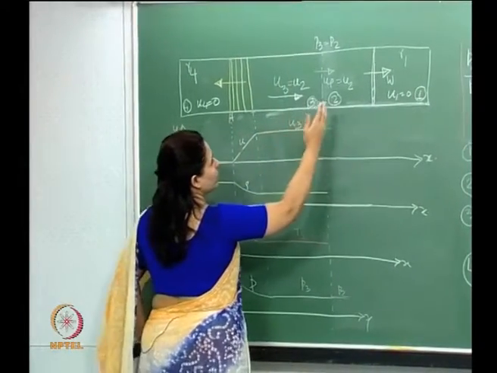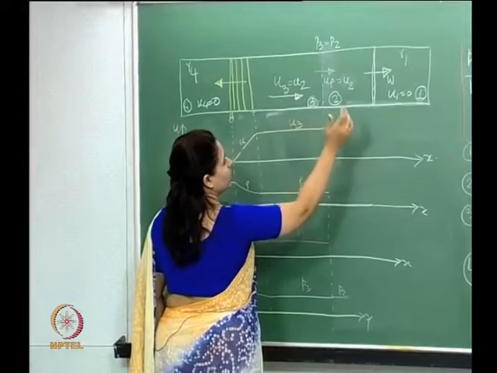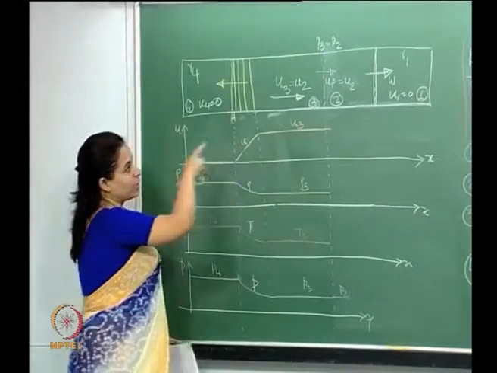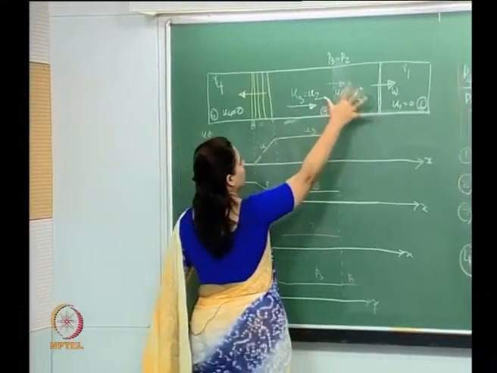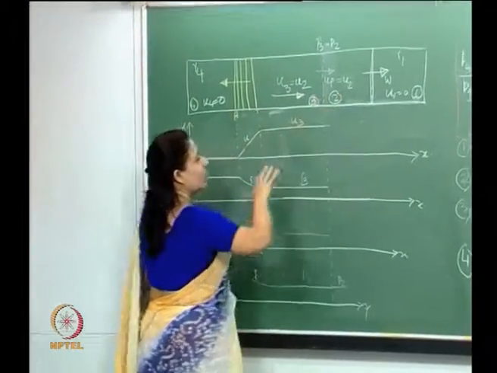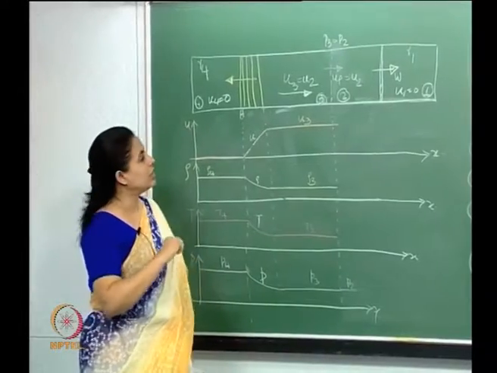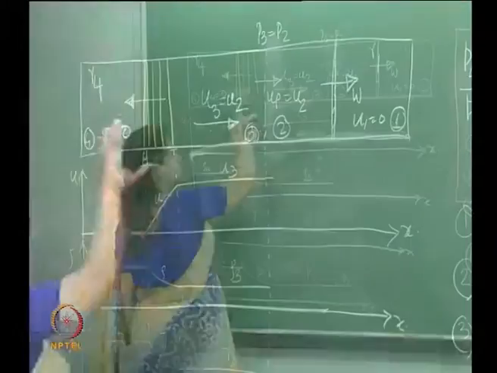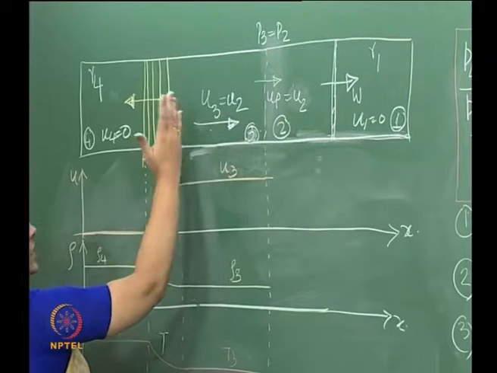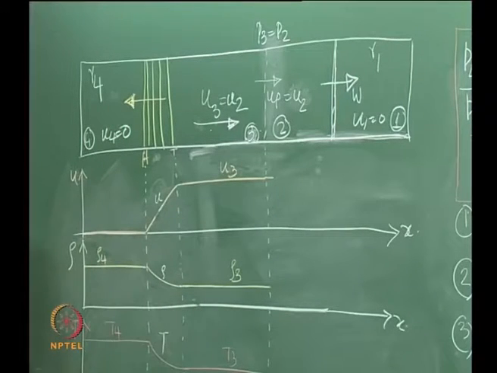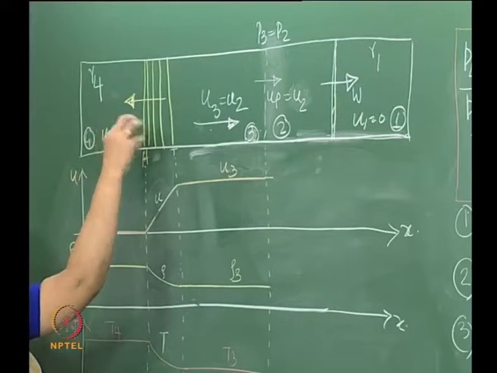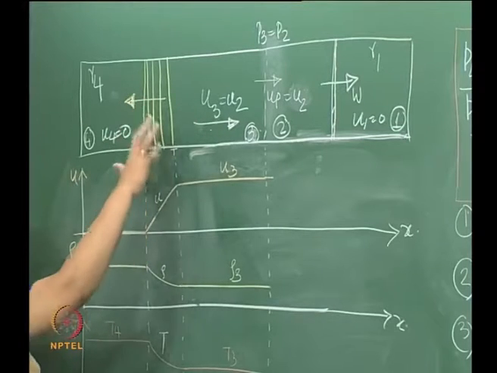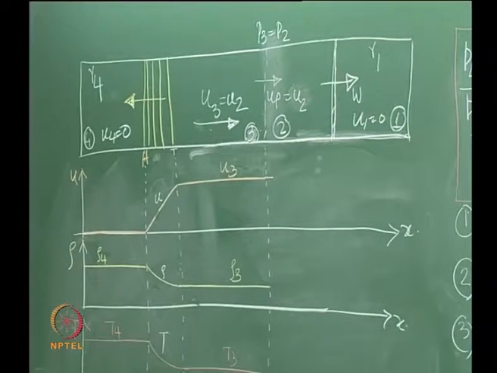When the diaphragm is broken and the shock starts moving to its right into the quiescent region, it sets the fluid behind it into motion as well. It induces velocity there, so this starts moving to the right, however an expansion fan travels to the left as a disturbance. So the particles within the expansion fan are moving to the left while the fluid in totality is moving to the right.